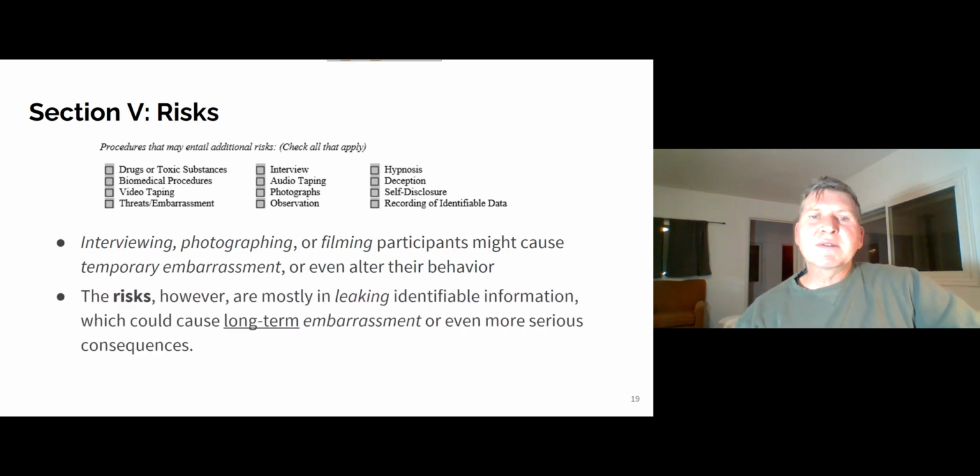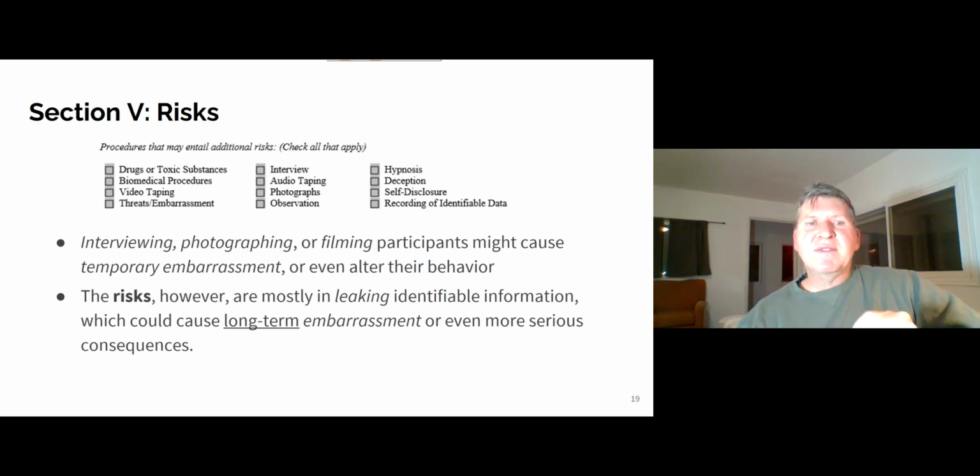The risks are mostly in leaking identifiable information, which could cause long-term embarrassment or even more serious consequences. So if you film somebody doing something that was really embarrassing for them, and this got out, it could affect their ability to get a job later, or if they said something, it may impact. We all know how social media has derailed many a career later on.